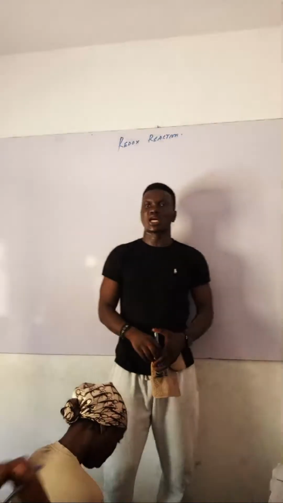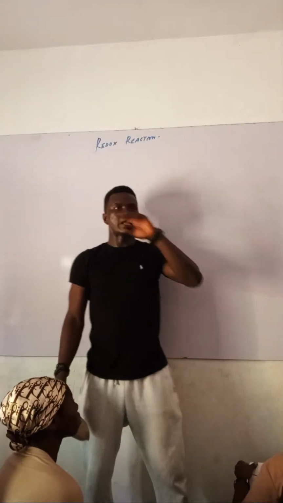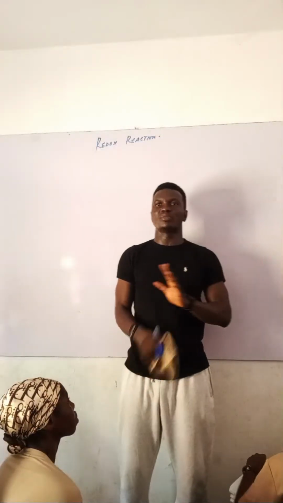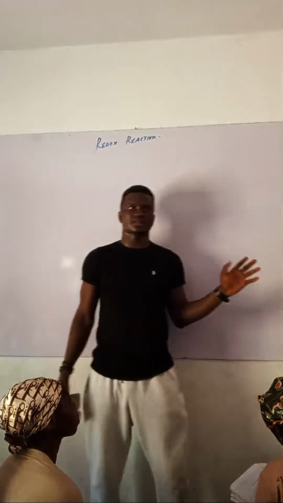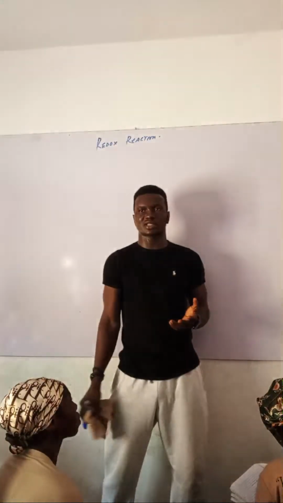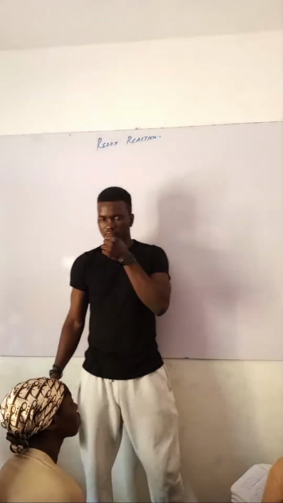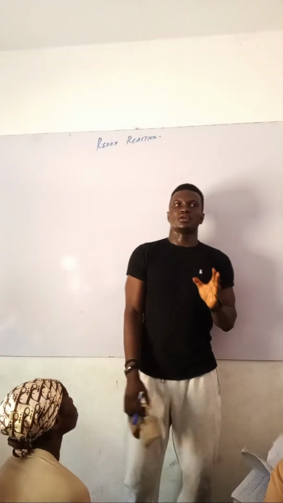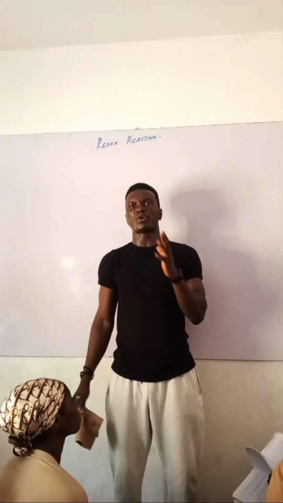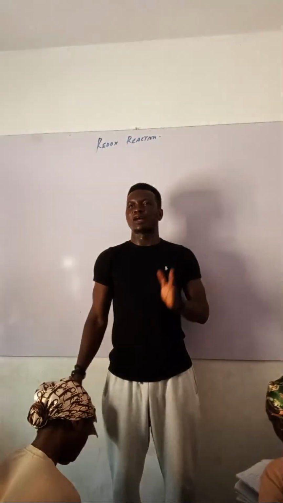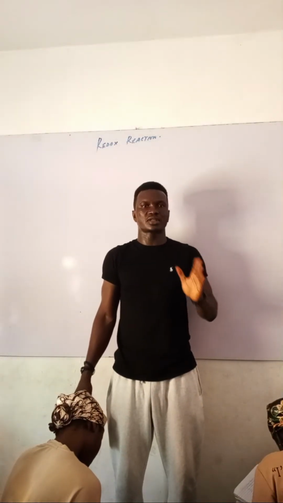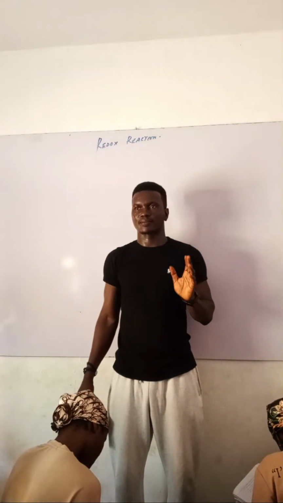Let's come back to class, please. Now, it's the same thing we have been talking about since morning. But before I start this, maybe I'll give you some equations and you are going to tell me. A redox reaction is a type of reaction in which both reduction and oxidation occur simultaneously.